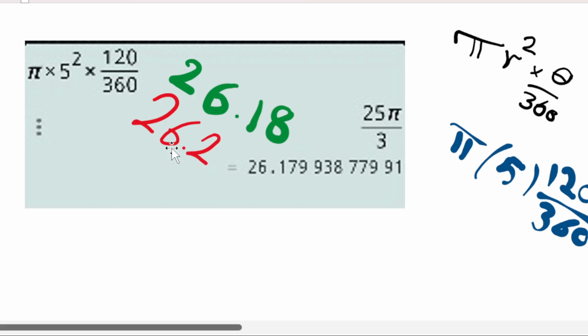Now let's look at another example. If we have this shape here and you want to find the area of this shape, what do you do? Now, let's assume the question tells you this angle here is 300. How do you find the area?